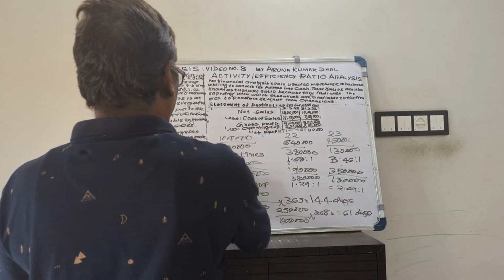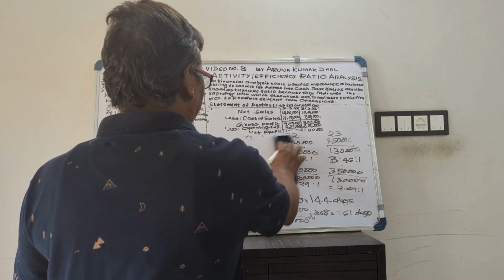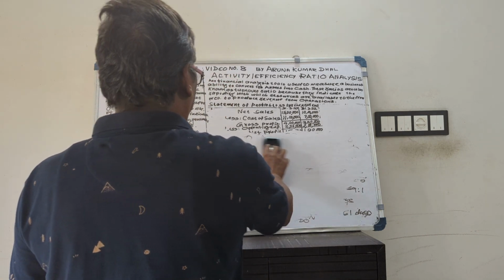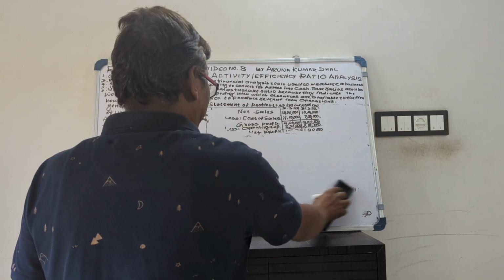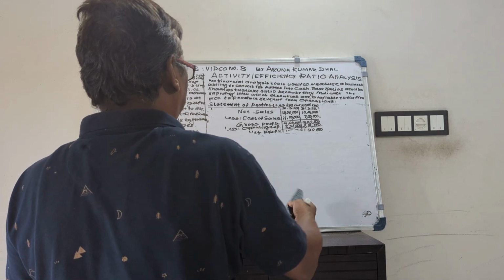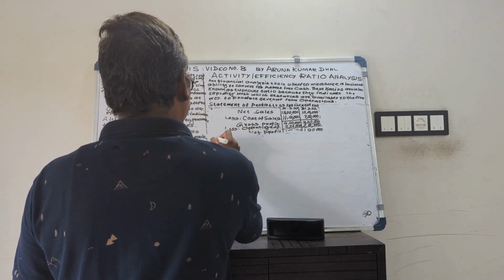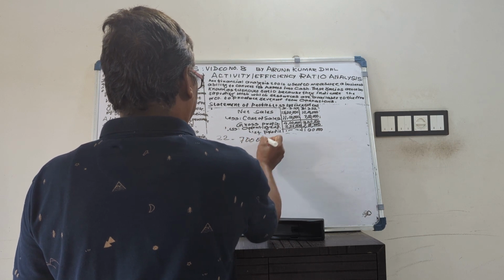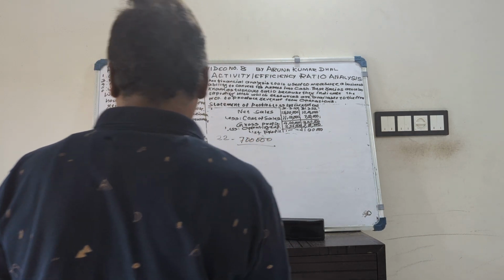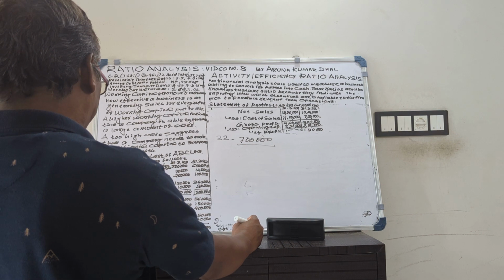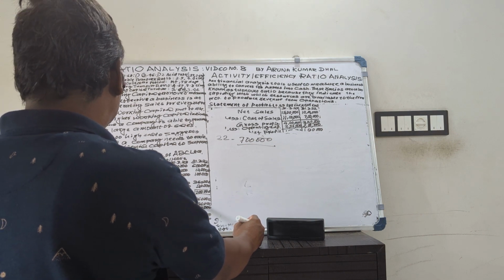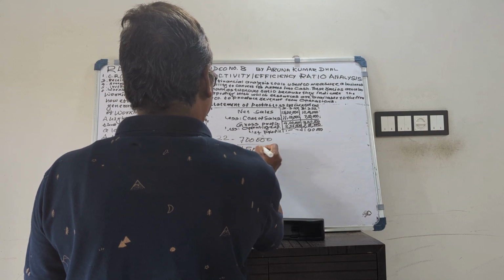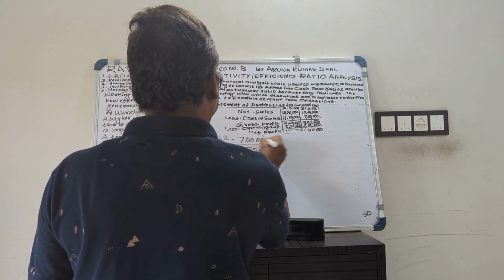Then we will calculate inventory turnover ratio. That is, we will take into account cost of sales. Cost of sales in 2022 is 7 lakh divided by average inventory of 1,50,000.